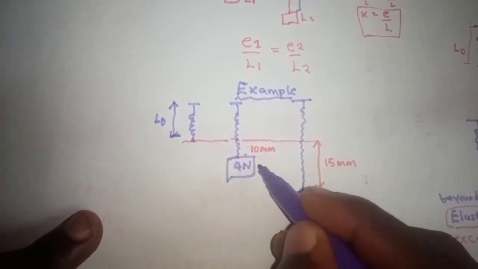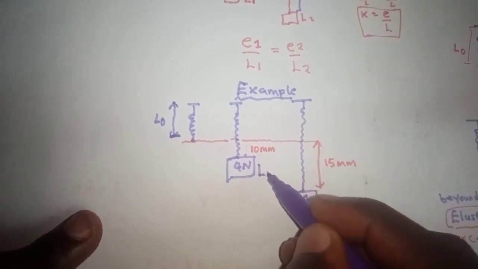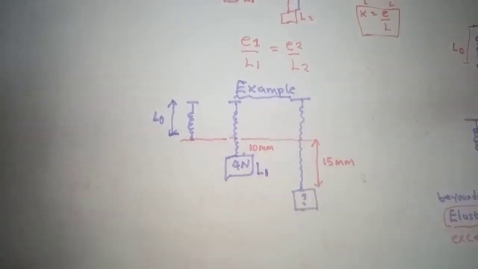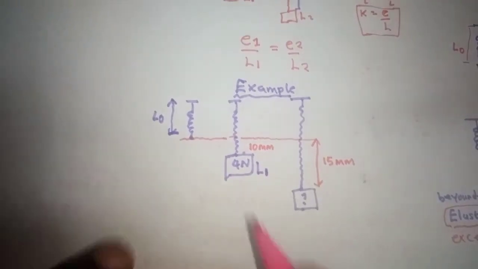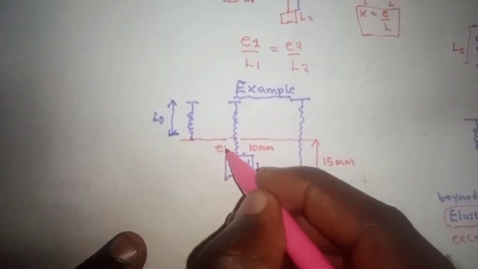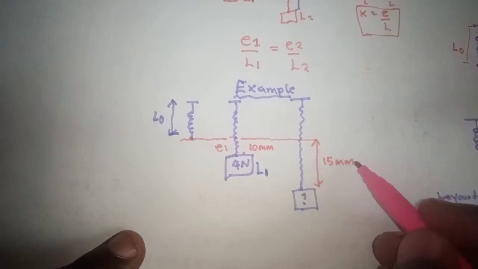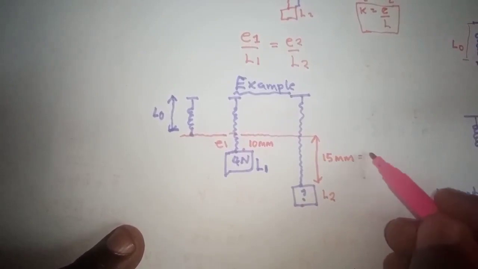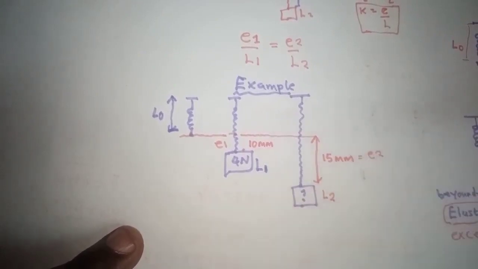We're going to call this load 1. The extension, how much it extended, was 10 millimeters. So this is extension 1, okay. So you add another load here. We don't know how much load was added. We're going to call this load 2, and then this one is extension 2, okay.